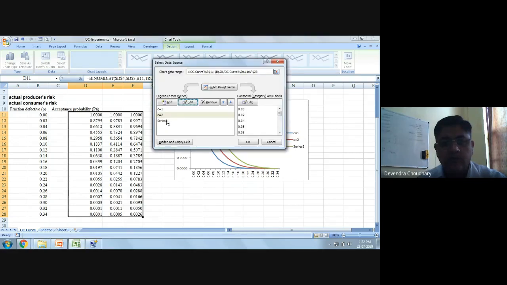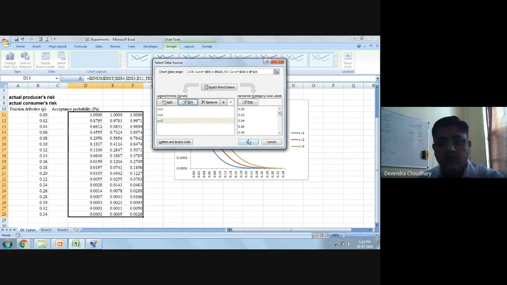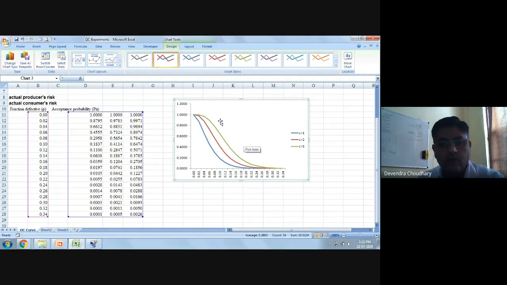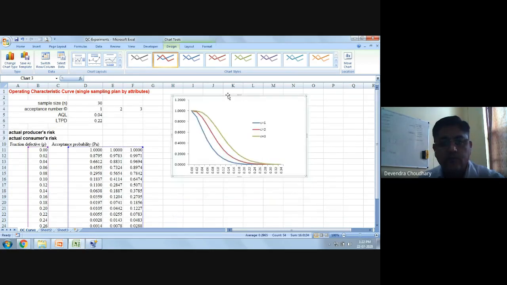And the third series is for acceptance number equal to 3. Okay, so that's the final. So finally you get these values. You get this graph. This is the OC curve.